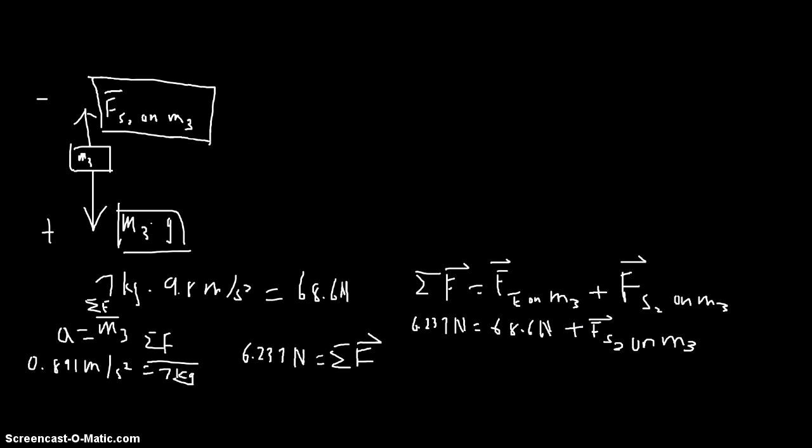Okay, give me another sec. So from this I can get that F of S2 on M3 is equal to negative 62.363 newtons, and that comes out to be the tension.